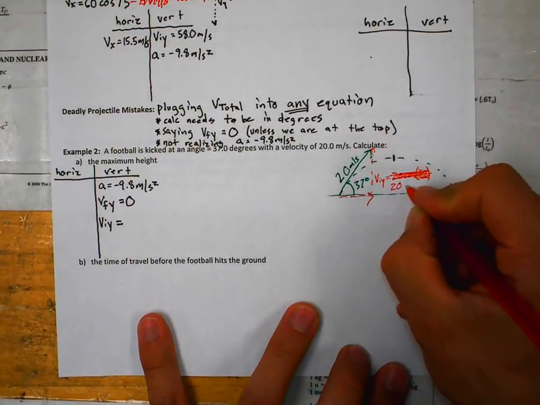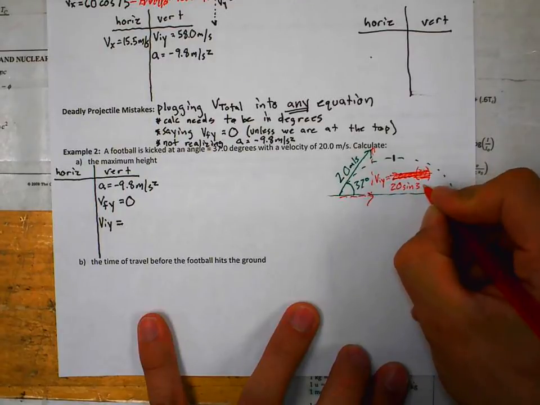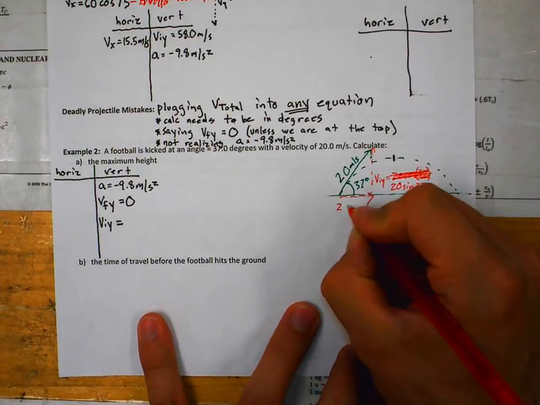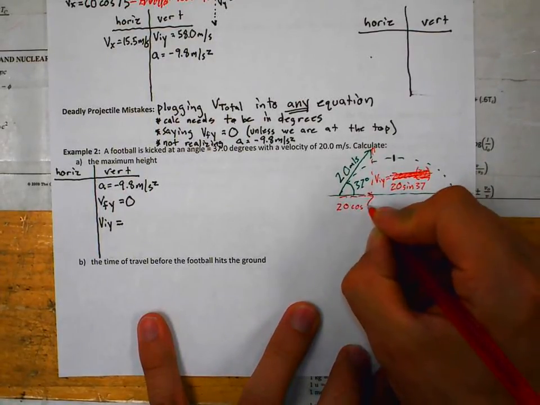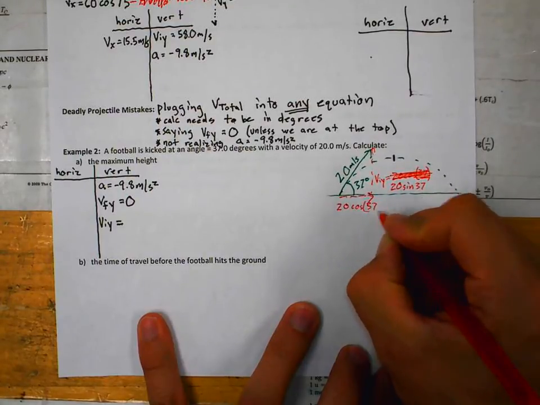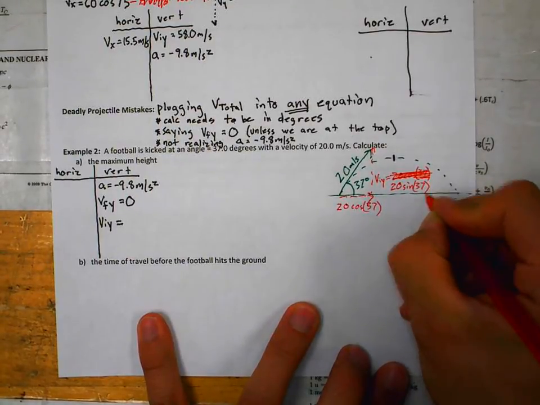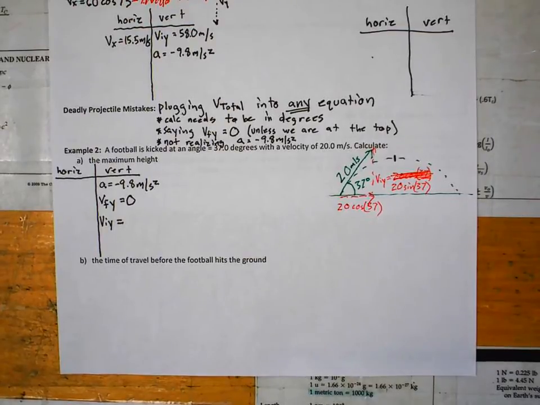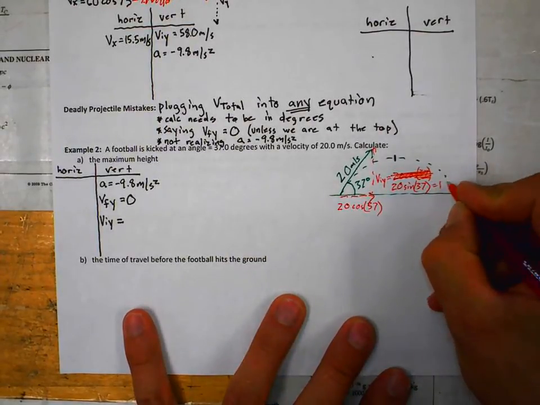Okay, 20 sine 37. Horizontal is 20 cos 37. Javen, read me off what 20 sine 37 says. There's 12.03. You guys agree? I'll keep 3 sig figs.